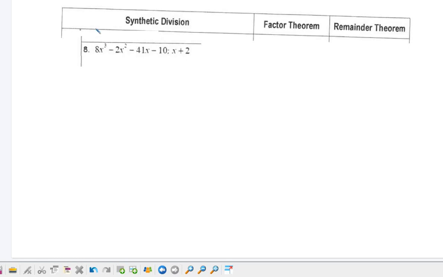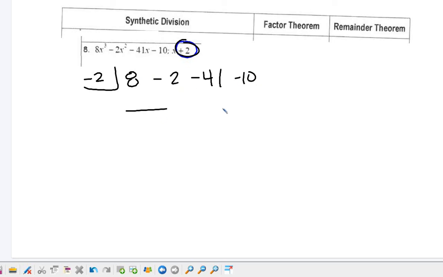Okay, number 8, opposite, so negative 2, 3, 2, 1, 0, so 8, negative 2, negative 41, and negative 10.